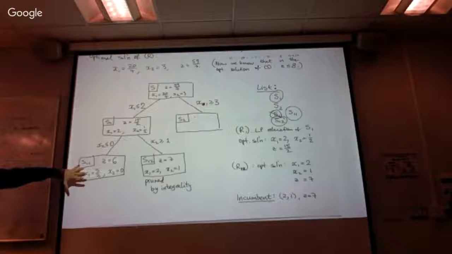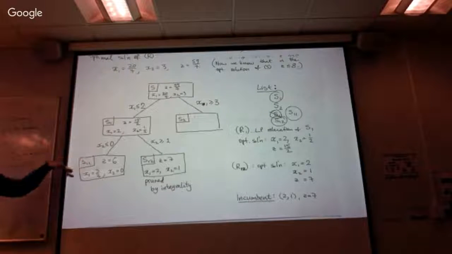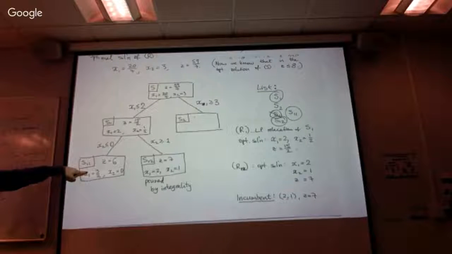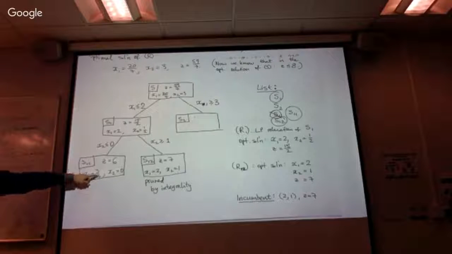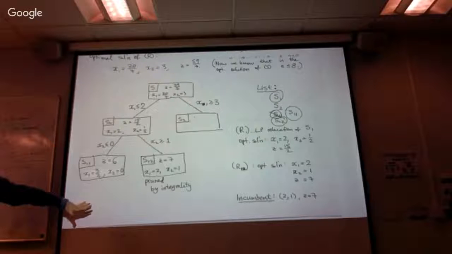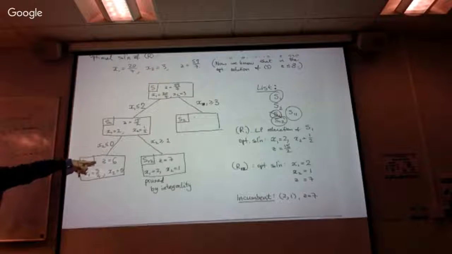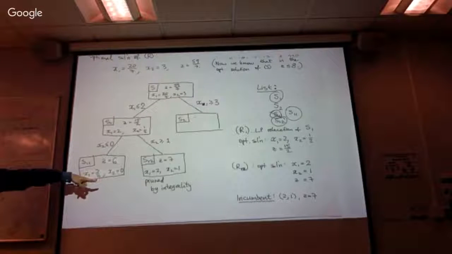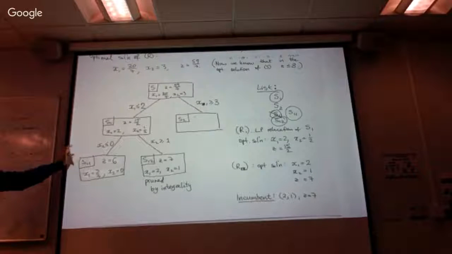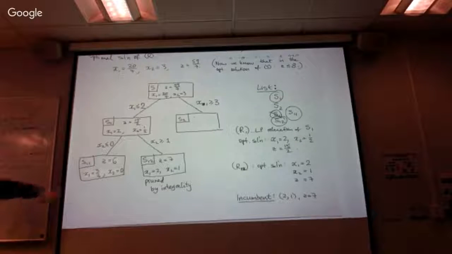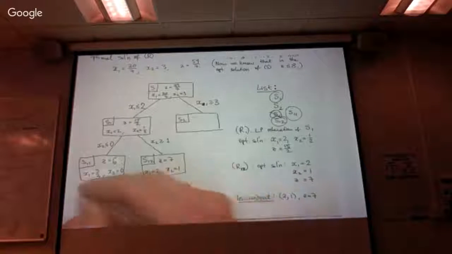So the solution can only get worse. So we definitely can't find a solution whose objective value would be greater than 6 if we get branching. So this thing is worse than the incumbent. The idea makes sense? It's definitely not a better solution than 6. So why do some work? That's an important idea. It's called pruned by suboptimality.